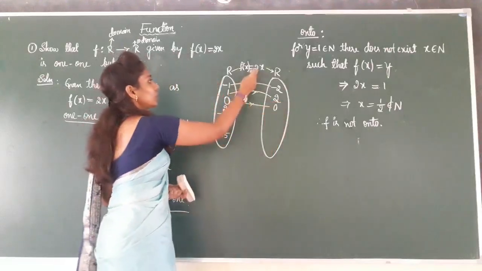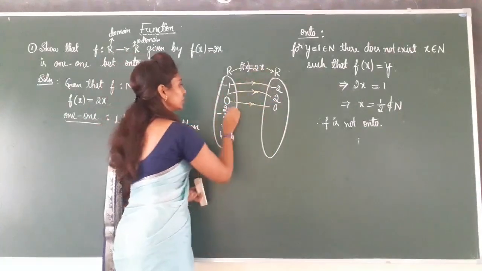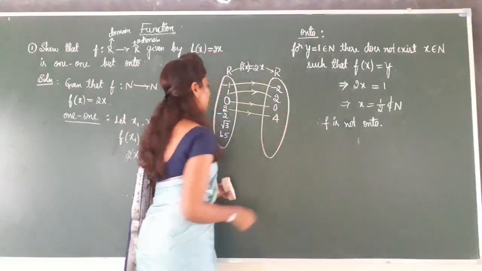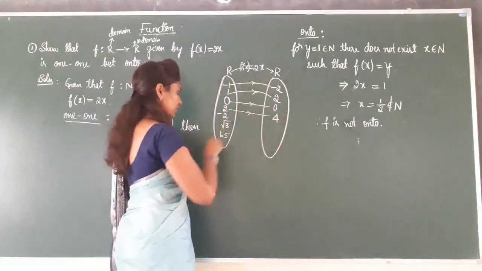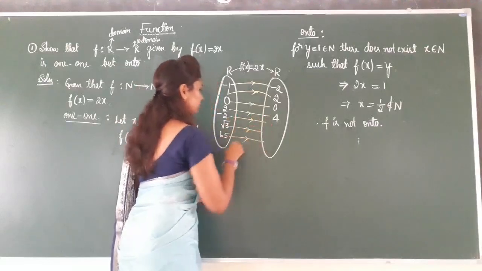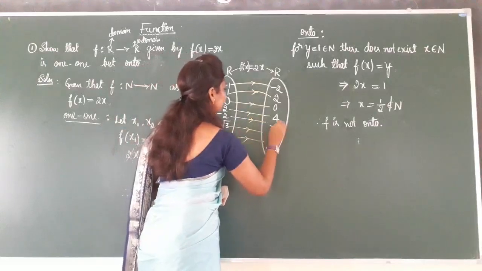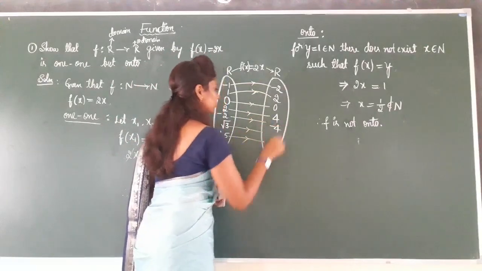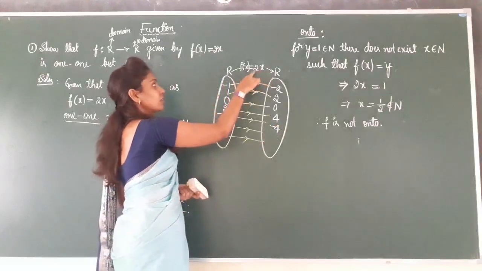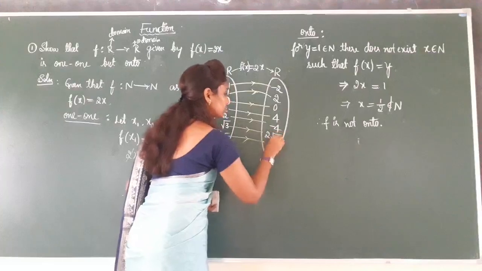So for 2, 2 twos are 4. 2 is mapped into 4. Minus 2 is mapped to minus 4. Root 3, if we substitute root 3 here, what do we get? F of x is equal to 2 root 3.